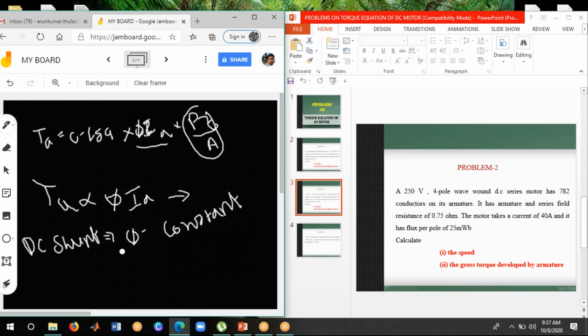Now we can write Ta is directly proportional to Ia. This is the reason we call the DC shunt motor a constant speed motor. You may be asked in a competitive exam, or in a slip test, which one of the following motors is a constant speed motor? The constant speed motor is the DC shunt motor.